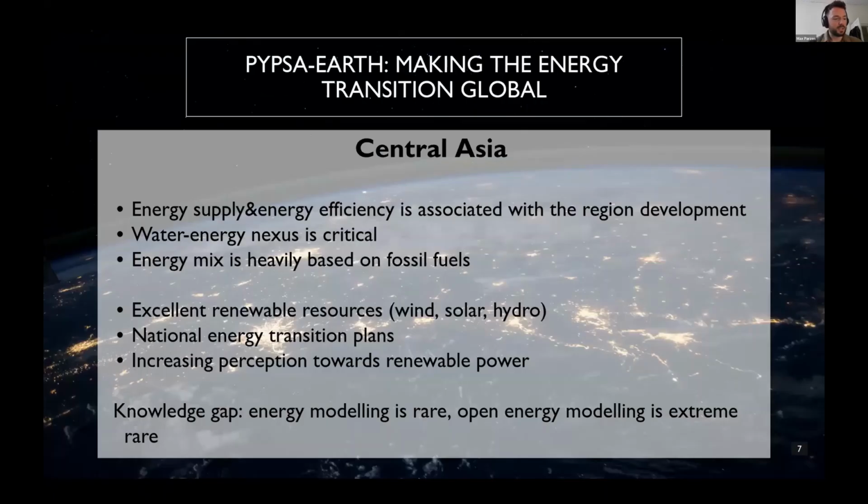Okay, then just a quick demonstration that someone in our team picked it up, from Central Asia. They tried to play around with it in this region. Energy modeling is rare there, and open energy modeling is extremely rare, so it's not really common that they use it.